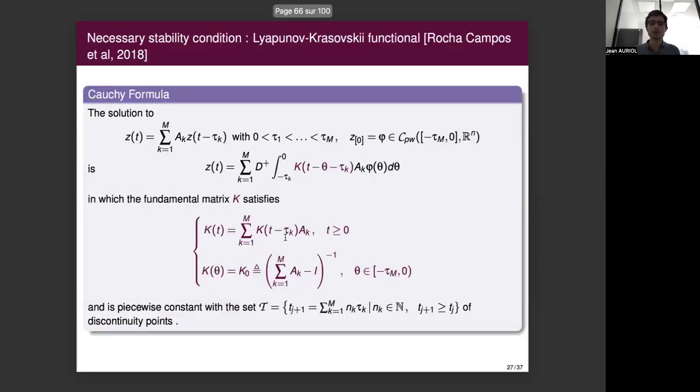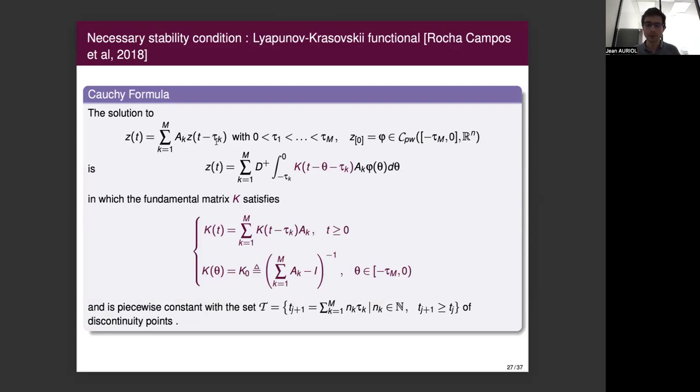Okay. So to answer this question, we need to introduce some concepts that you can find in the paper by Rocha Campos, Michael Di Loreto, and Sabine Mondier. The first one is the Cauchy formula. So basically, you can rewrite the solution of a difference equation.